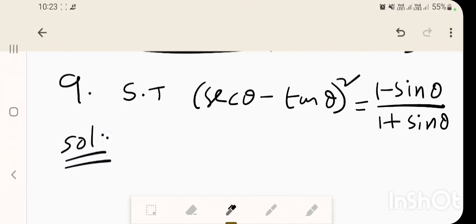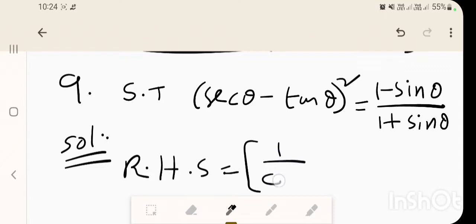In this type of problem where they ask to show or prove, we can start with either the right hand side or the left hand side. Here we start with the right hand side: in place of secant theta we can write 1 by cos theta.